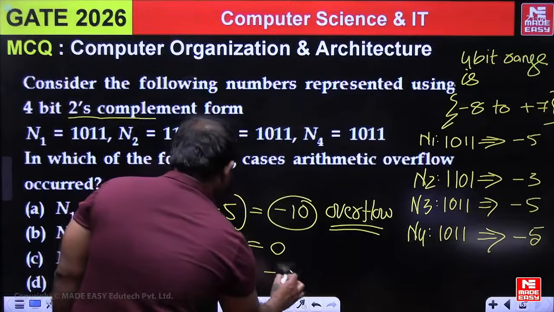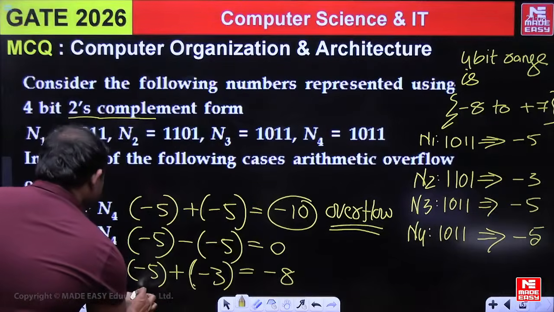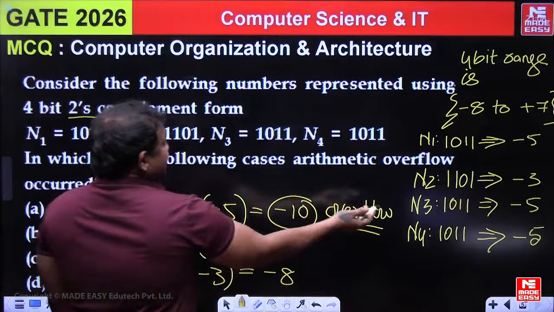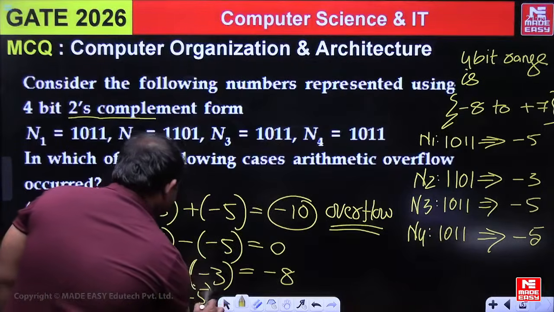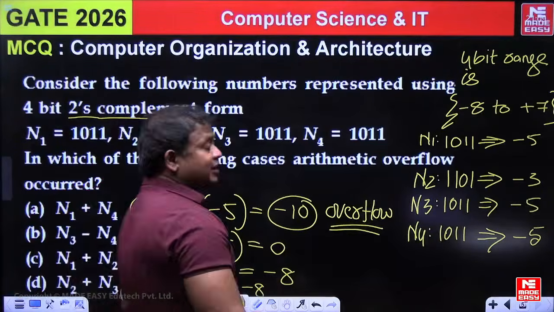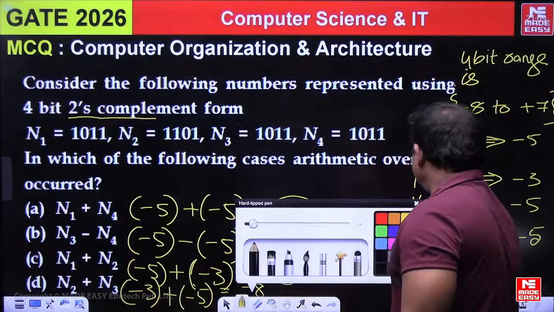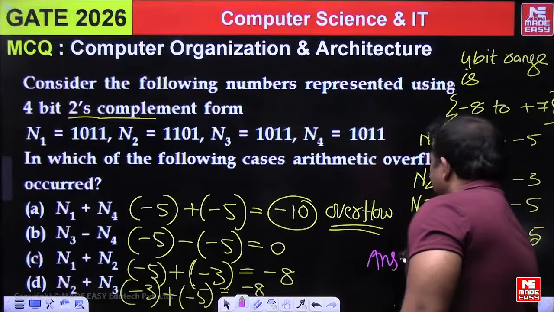So this becomes -8, this is also in the range. n2 -3 plus n3 -5, this is also -8, present in the range. So in which of the cases did overflow occur? Answer is A.